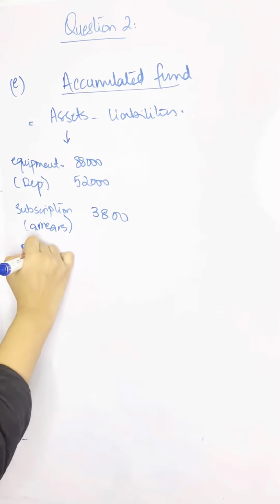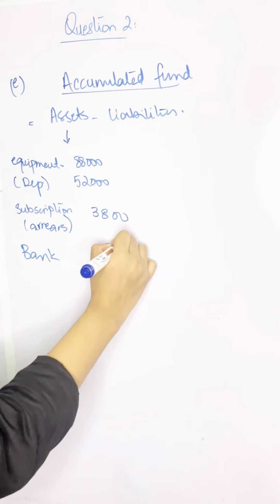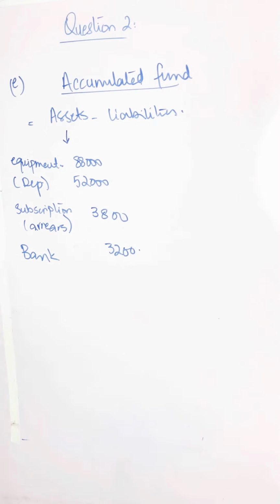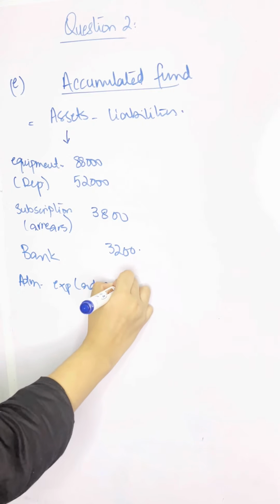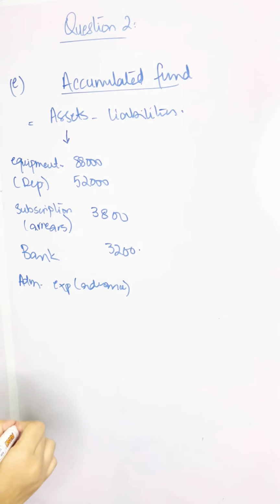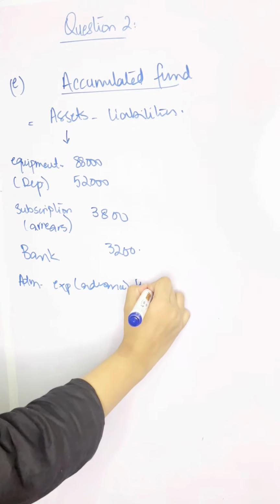You have the value of bank, or you can say cash, which is 3,200. Now, we are forgetting one thing, which is administrative expenses, which were paid in advance, because we record the prepaid expenses under current assets, which are 4,200.